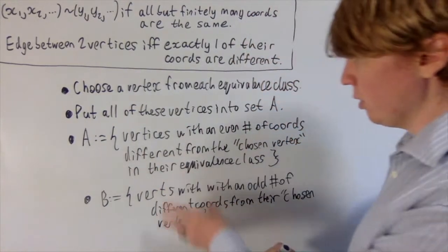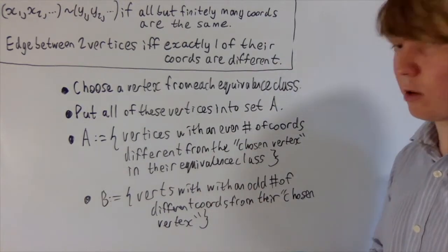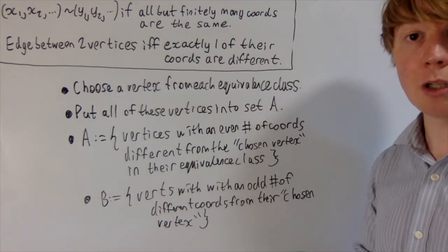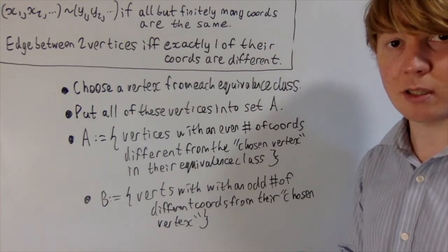Okay, so we've got odd and even. This certainly covers all of them because they're all in an equivalence class and there's only a finite number of steps to go from one to another. They'll have finitely many coordinates different.